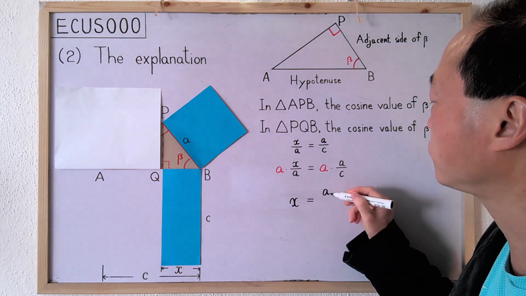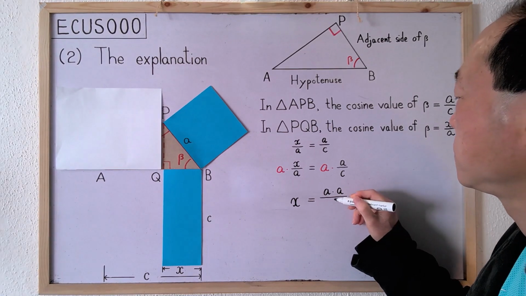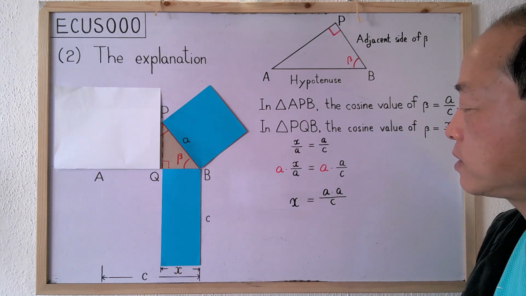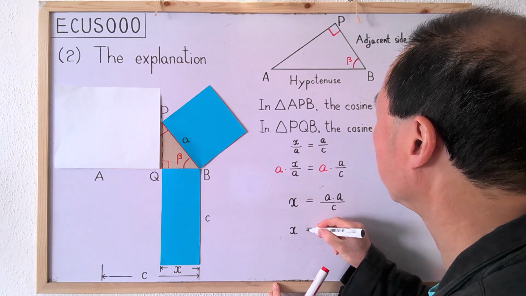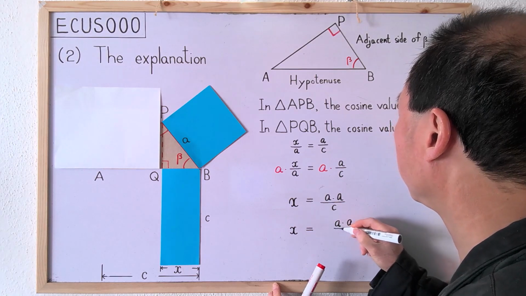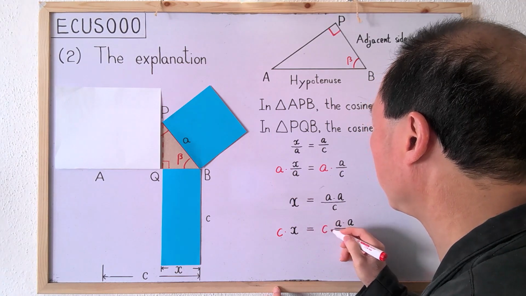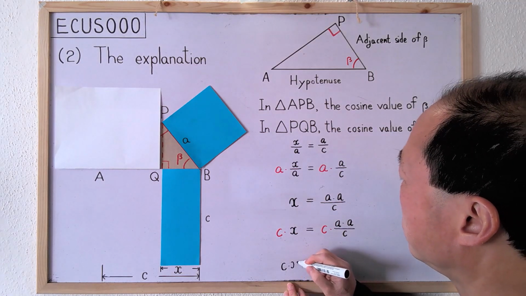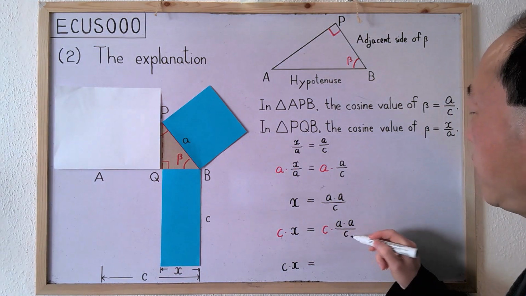It becomes A times A divided by C. To get rid of the C at the denominator, we multiply both sides by C. On the left, we have C times X. On the right, this C and this C are cancelled out.